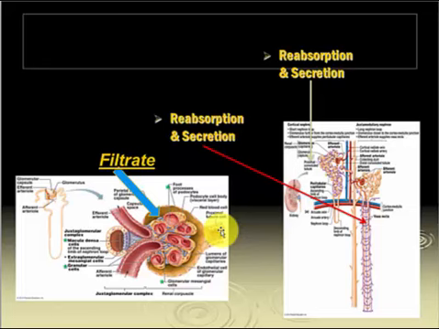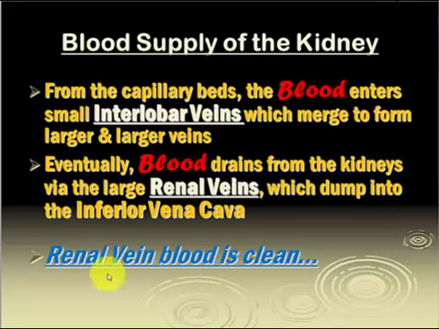So next up we jump to some physiology. I do want to remind you that when we say renal vein blood is clean, I mean it's been cleansed of nitrogenous waste. You should remember a liver and kidney relationship, and that was the liver through metabolism forms urea.